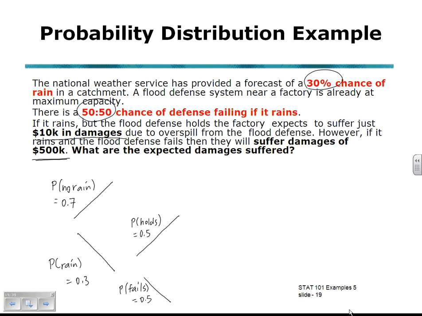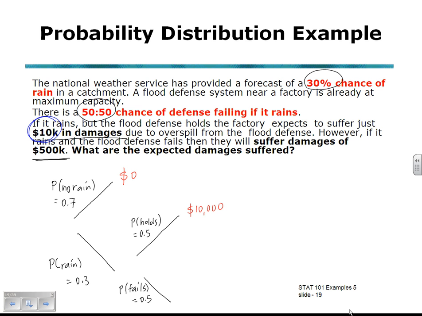Putting our damages on the tree diagram, probability of no rain 0.7. There would be no damages expected to be suffered at that position on the tree diagram. So the expected damages of 0 in that case. If it rains and the flood defence holds, the expected damages are 10k, $10,000 in damages.